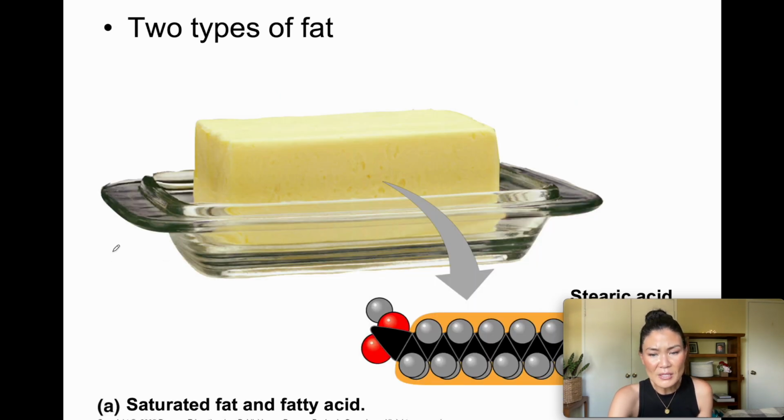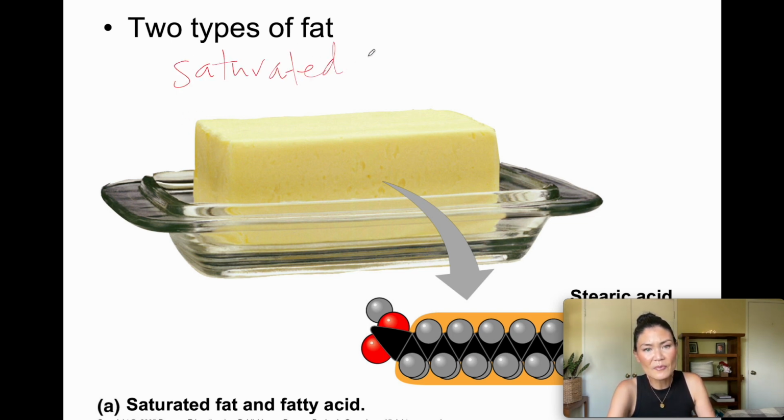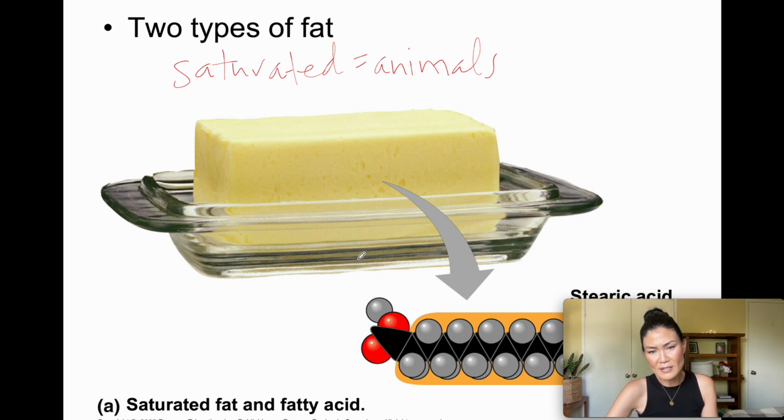And there's 2 types of fat. The first type of fat is saturated. And saturated fats usually come from animals. Okay, they usually come from animals. And the thing about saturated fat is that the hydrocarbons in the fatty acid chains are straight chains. Okay, they're straight.